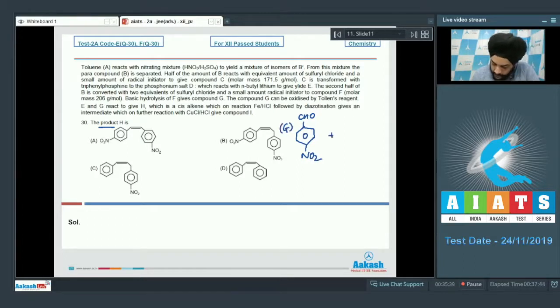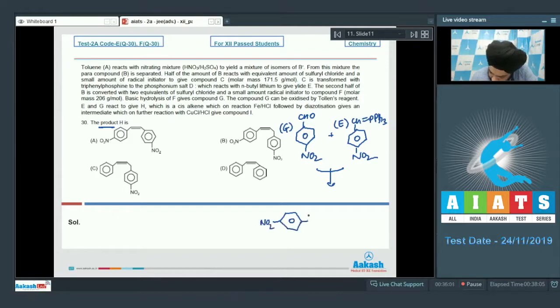and if we talk about E, students, E was the ylide. So when these two undergo reaction, students, they combine to give us this compound.